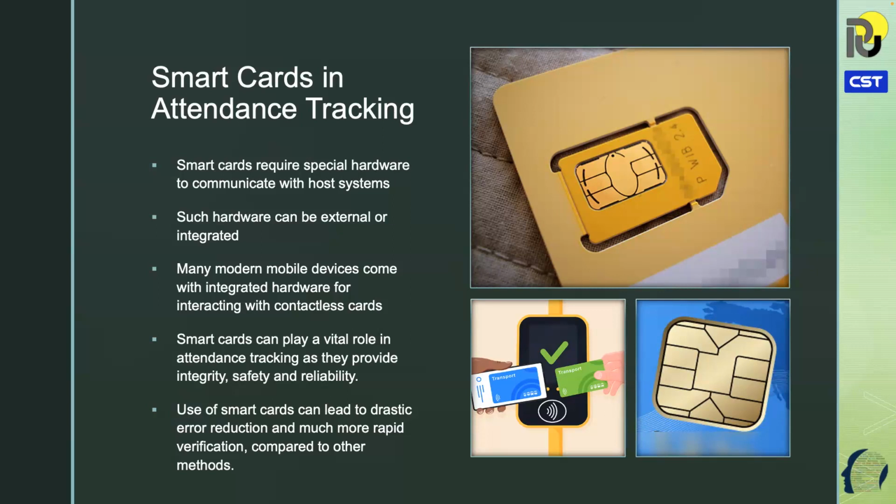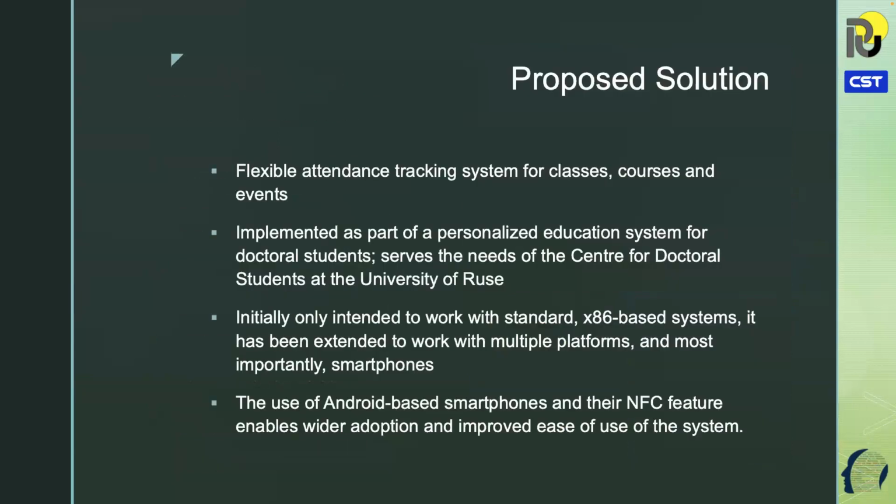Because they can play a vital role in attendance tracking, as they provide integrity, safety, and reliability of the tracking process. And use of smart cards, if implemented correctly, of course, can lead to drastic error reduction and much more rapid verification compared to other electronic attendance tracking methods.